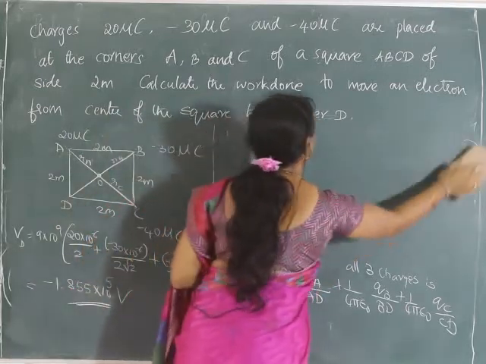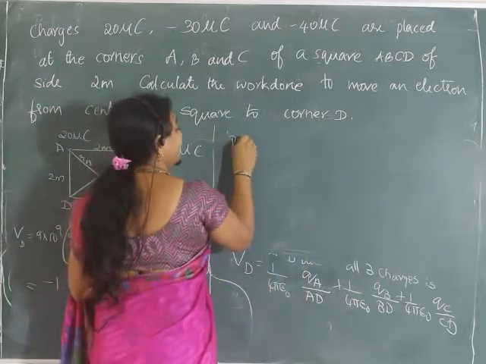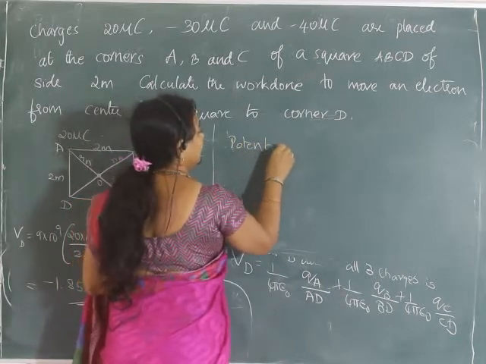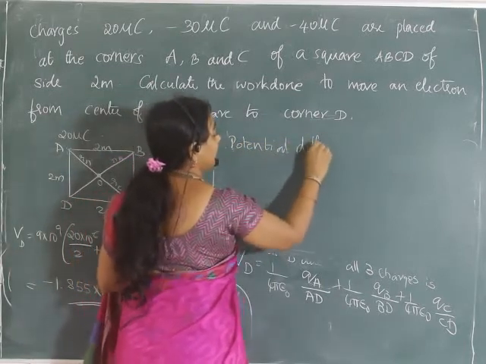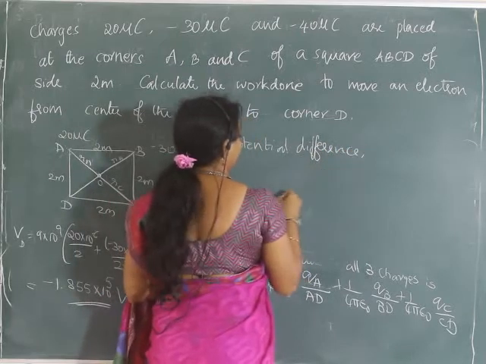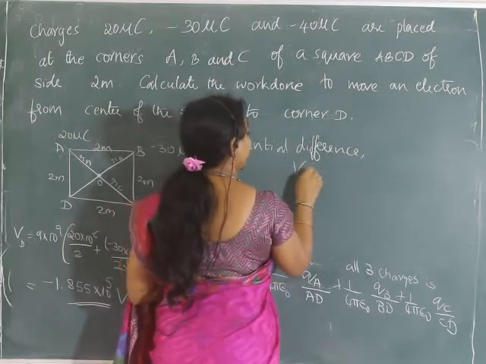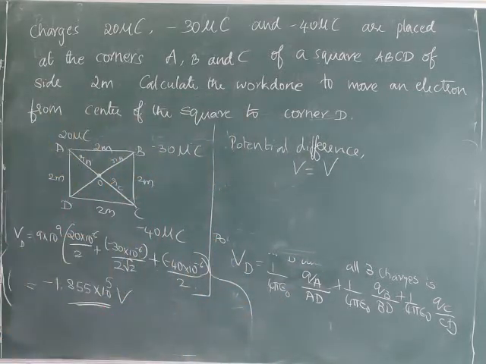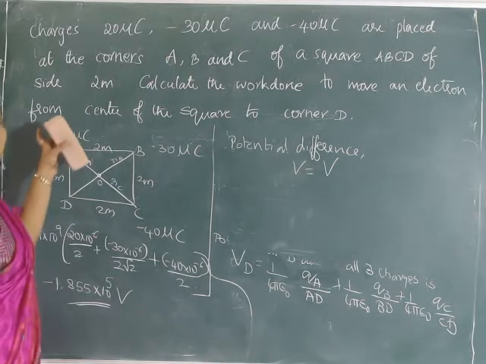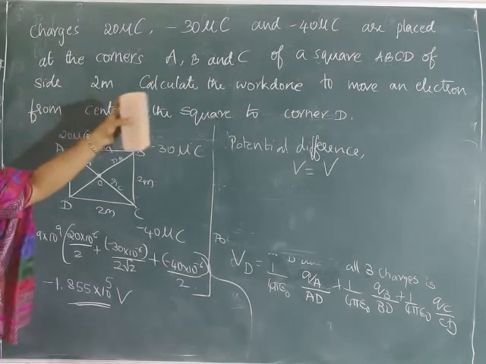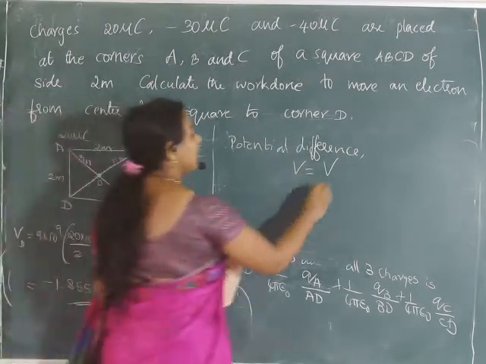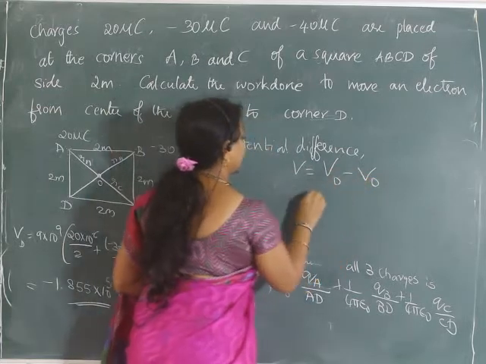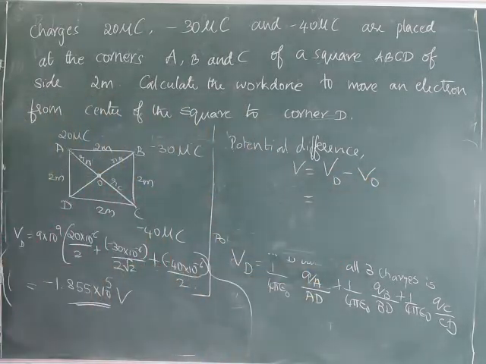So potential difference is V is equal to VO minus VD. Correct? Where do you have to find the potential difference between? You have to move it from center to D. So VD minus VO. Substitute and calculate VD minus VO.